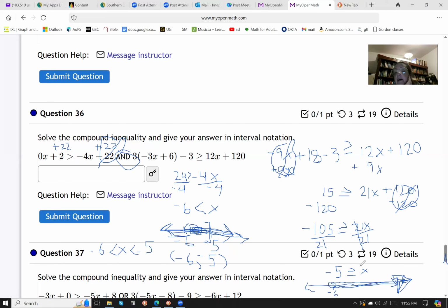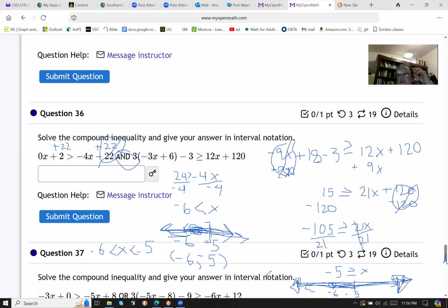Then we need to look at x is less than or equal to -5. So here's -5. x is less than or equal to -5 all along here, all the way out to the real numbers.